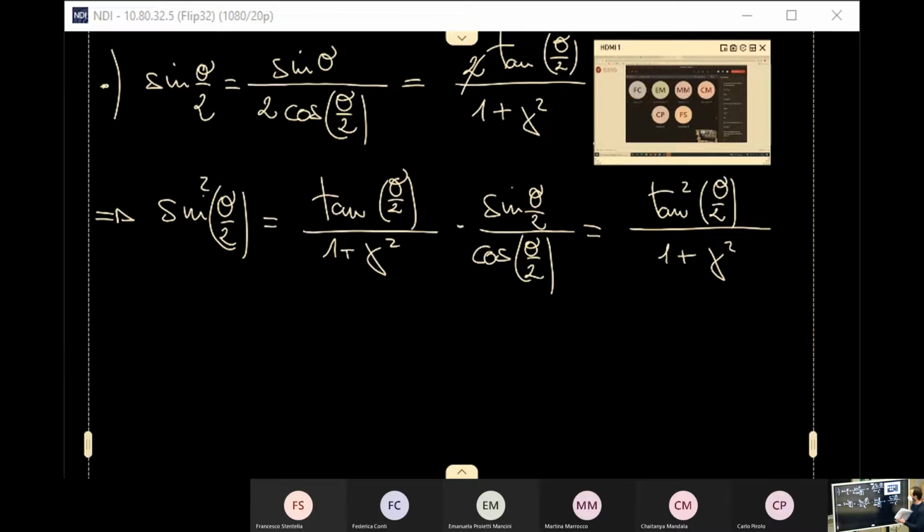So substituting in A, you can write the following.